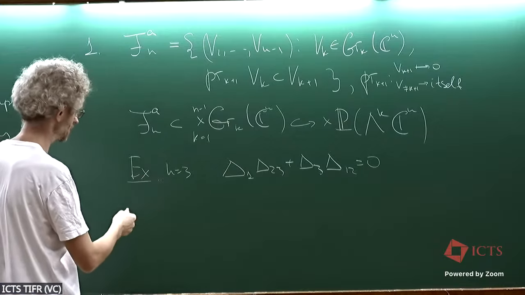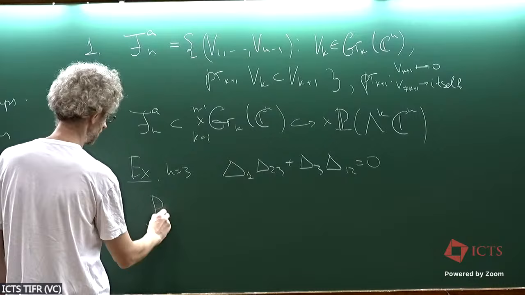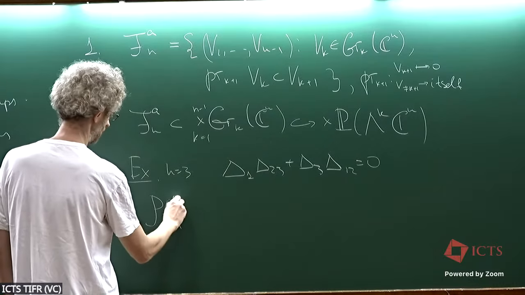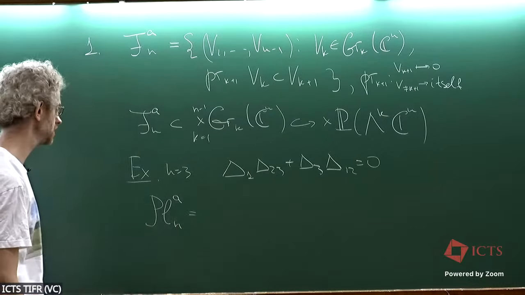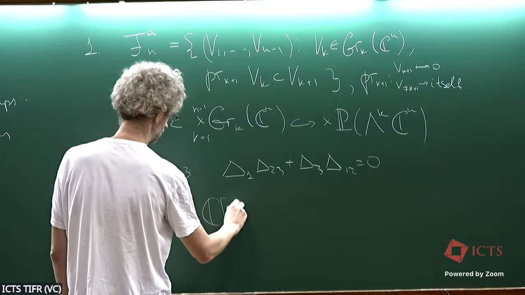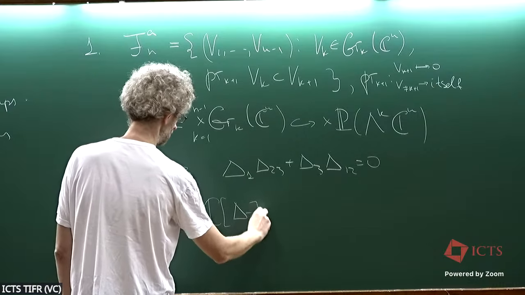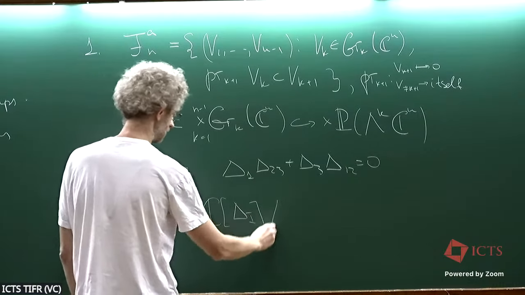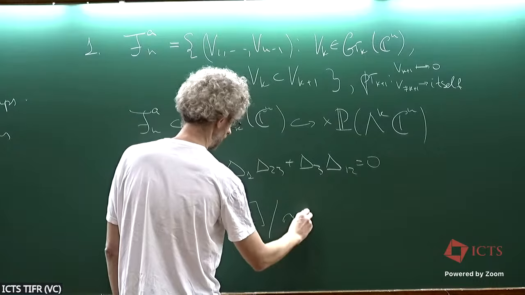But for us, you remember we had this Plücker algebra, and of course we'd like to consider a similar object here. So this is again the polynomial ring in all our variables, delta I, for all possible I's, over the ideal IA.